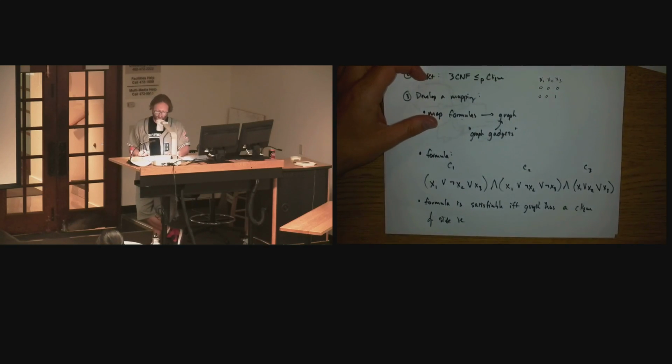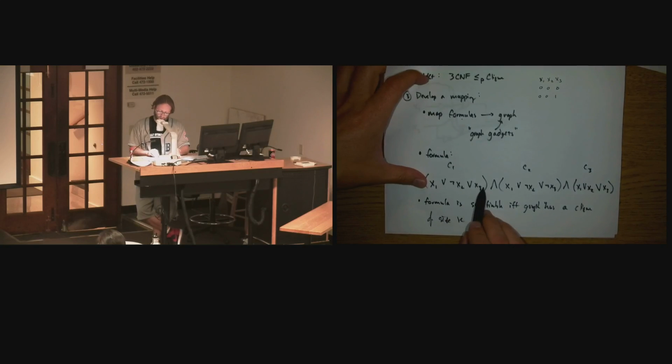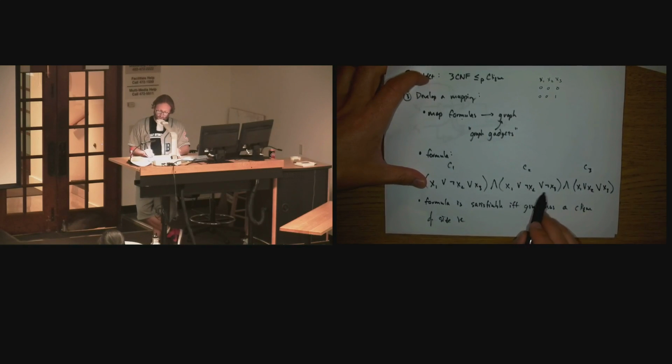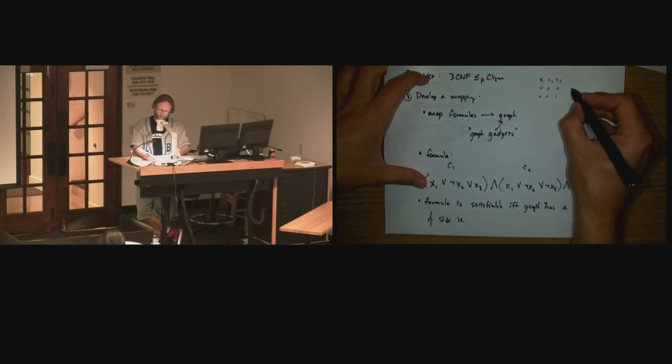And there will be 8 possibilities. What about this one? False, true, false. Right? False under this first one. True, true. So that works. False, false, false. So does this work? Does that satisfy it? No.